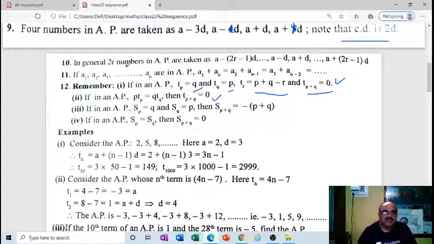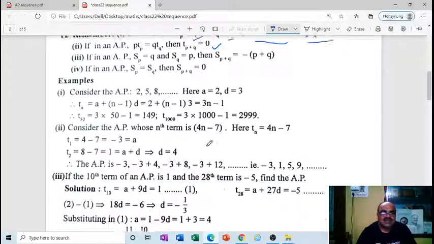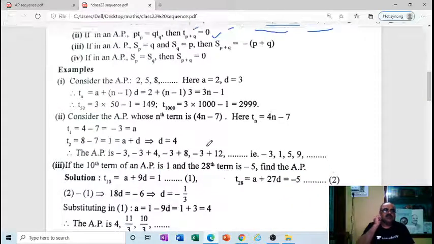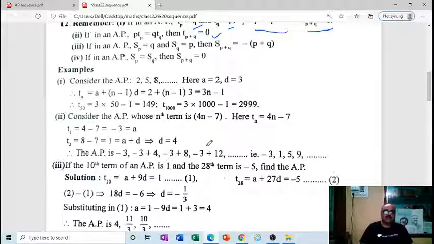I have problems now. Let's see. Consider the AP 2, 5, 8, and you are supposed to calculate T50 and T1000 value in this. What is A? What is D? 5 minus 2 or 8 minus 5?